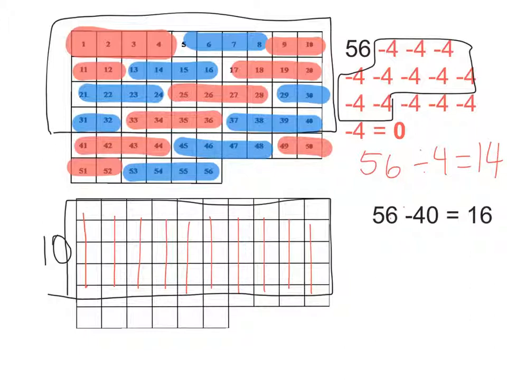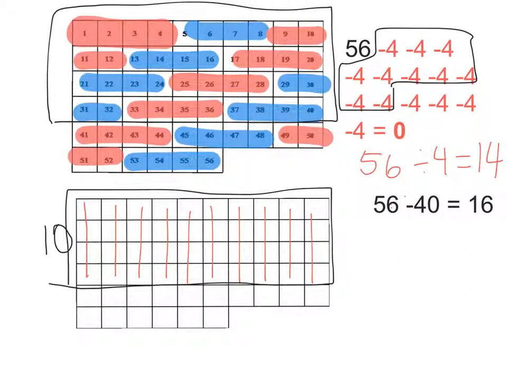If we've taken away 10 groups of 4, that means we have 16 left to deal with. Now we're going to choose another friendly number. We can't choose 5 because 5 times 4 is 20, and we only have 16 here, so we can't take 5 groups of 4 away. So we're going to have to try 2.